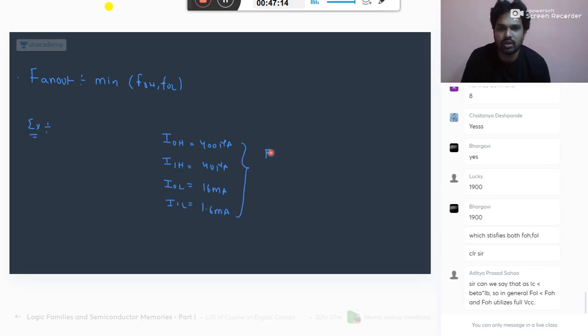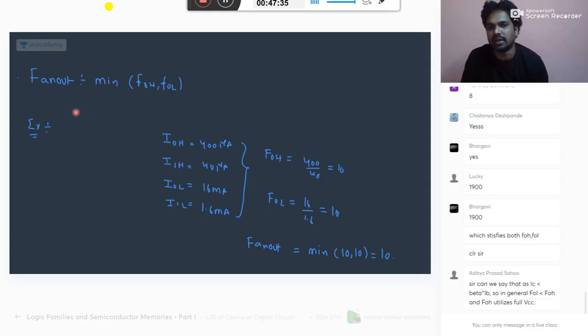What is FOH here? 400 by 40, 10. What will be FOL here? 16 by 1.6, 10 only. And what is fan out? It is the minimum of 10 comma 10, which will give you 10. This is how you calculate when these values are given.